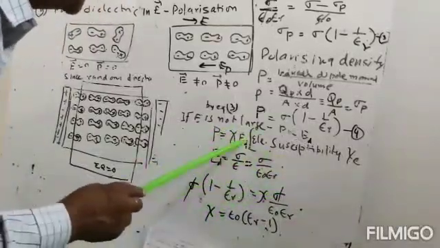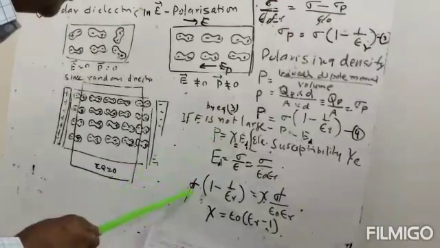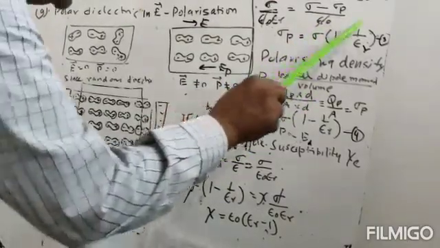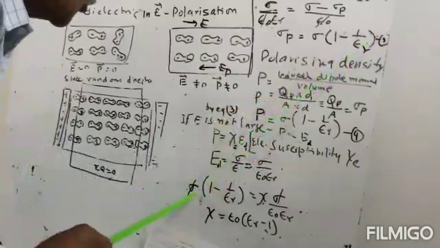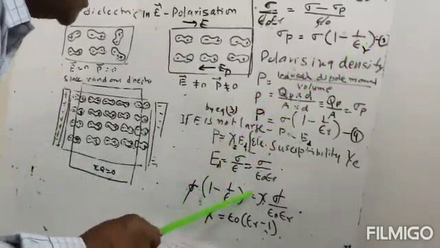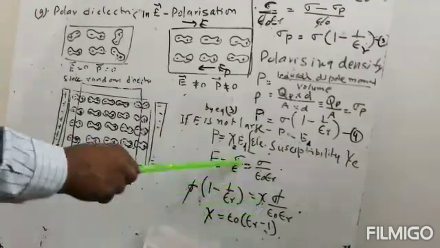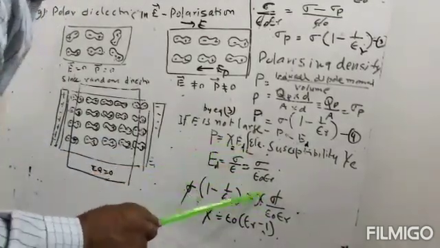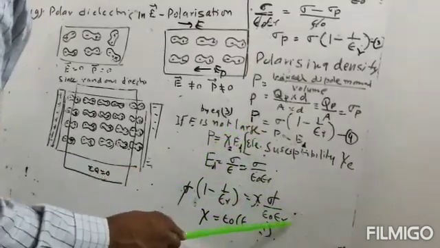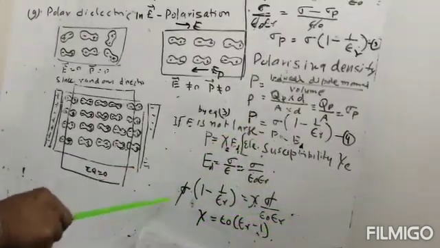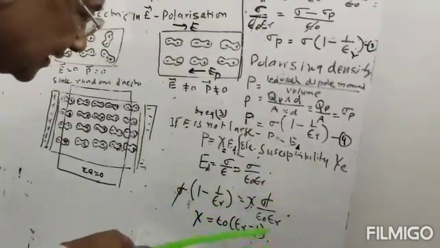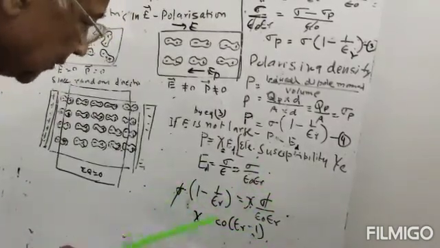Here we substitute the value of P. P is equal to sigma into 1 minus 1 by epsilon r. So sigma into 1 minus 1 by epsilon r will be equal to chi e multiplied by E, and E is equal to sigma by epsilon 0 epsilon r. So here we cancel sigma and cross multiply it.